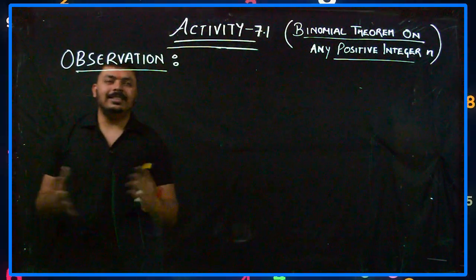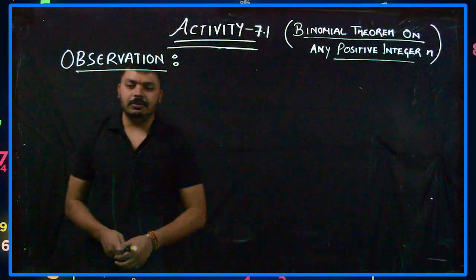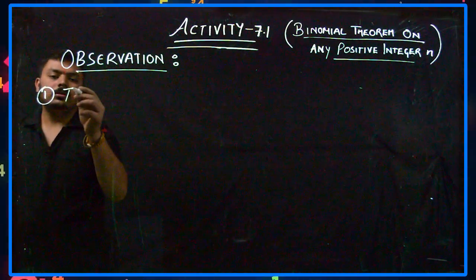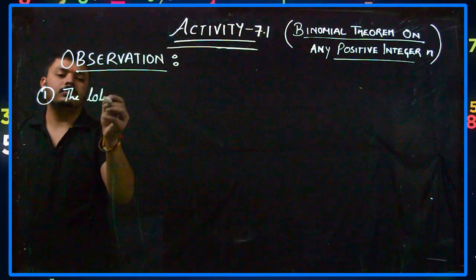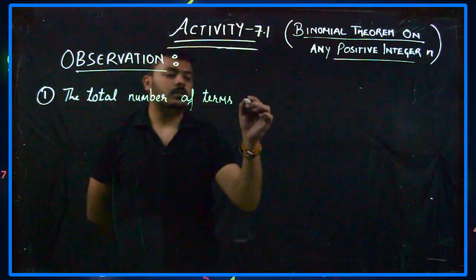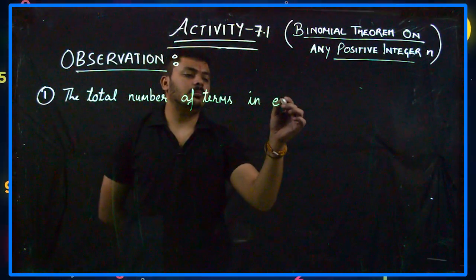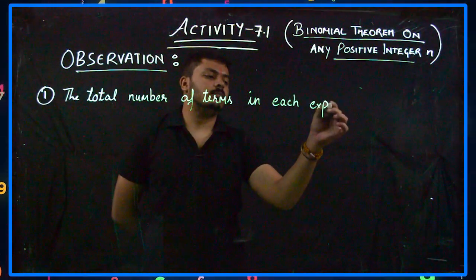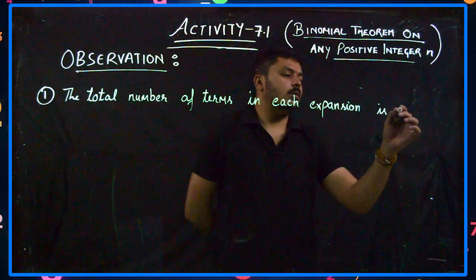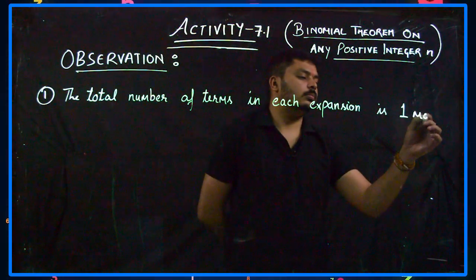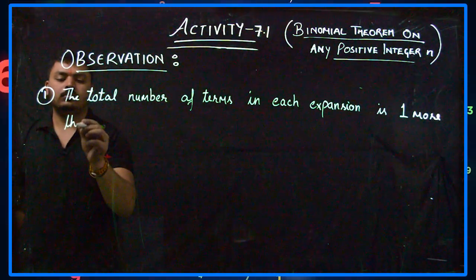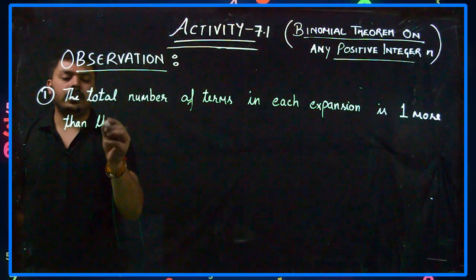So students, now let's see the observation for the given activity. First, the total number of terms in each expansion is one more than the exponent.